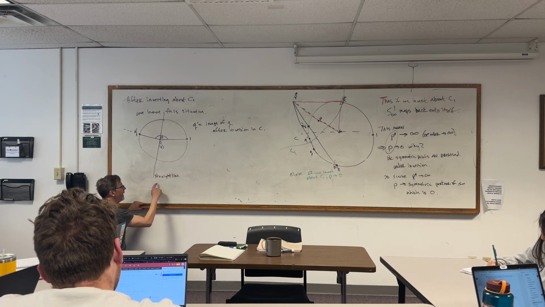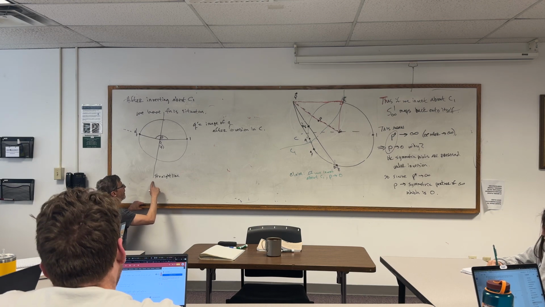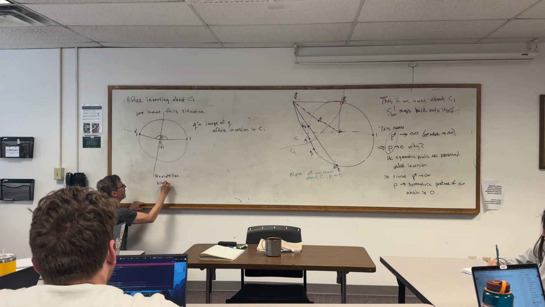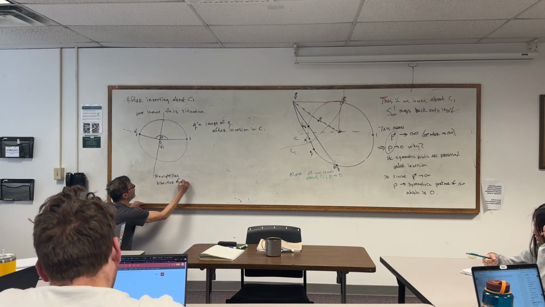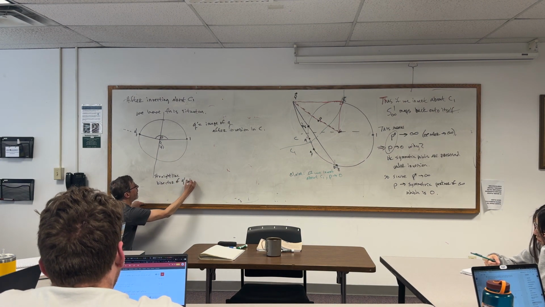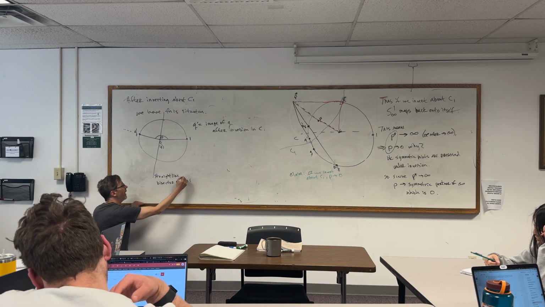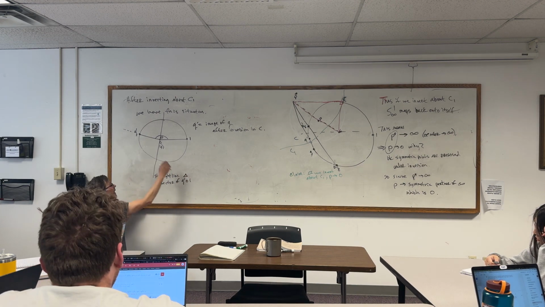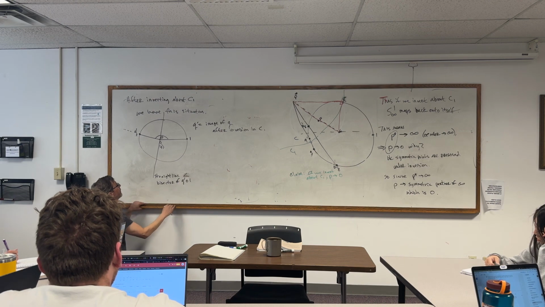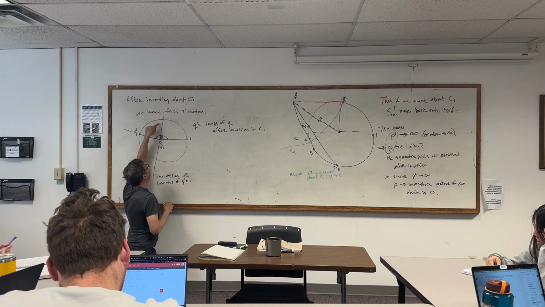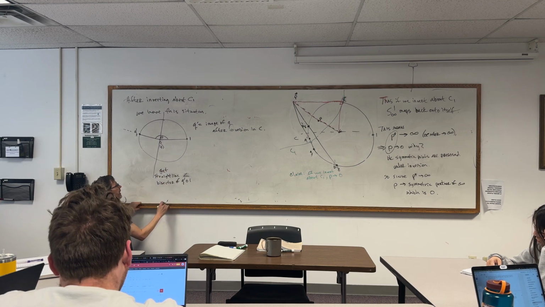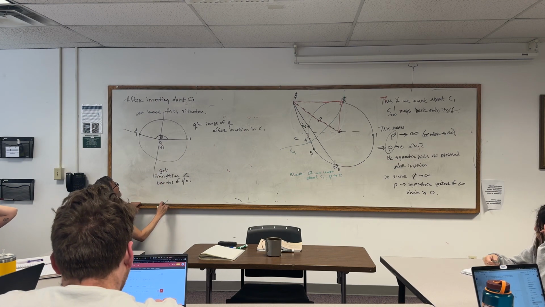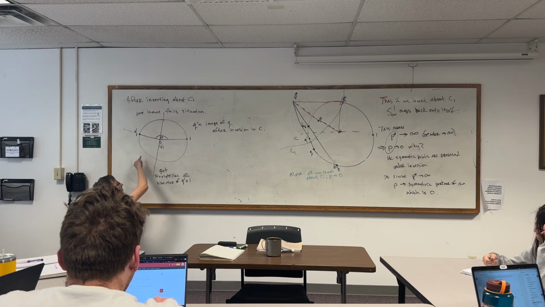Not a cline, a line. Straight line bisector of Q prime, 0, 1. That's just an angle. Take the bisector of that angle and invert over that.